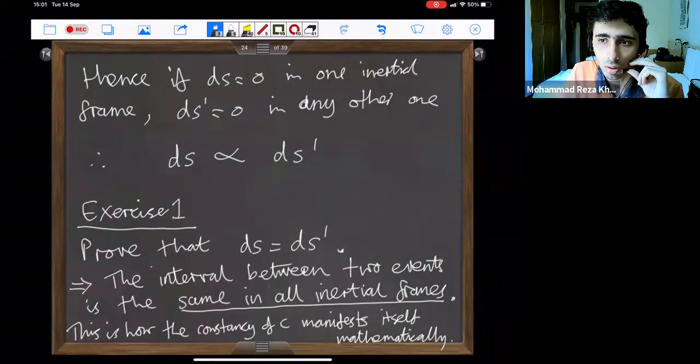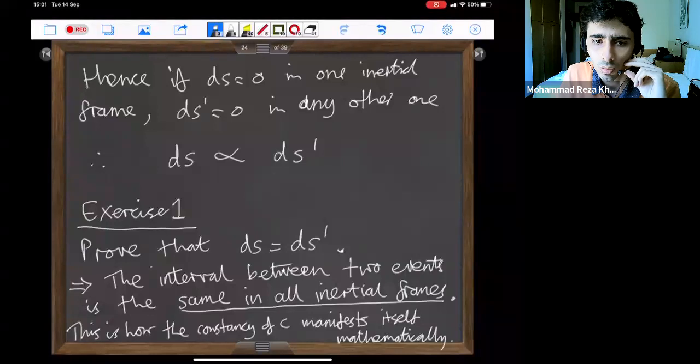As you'll see, the transformations between frames are linear transformations by constant matrices. So you can't have situations like the one you described. Transformations don't depend on the coordinates.